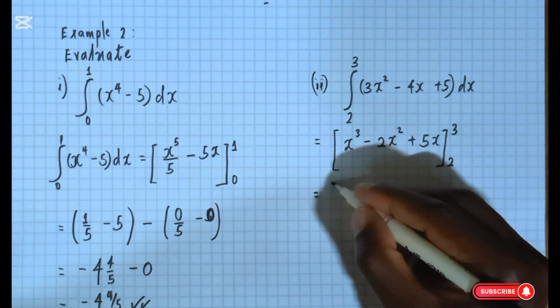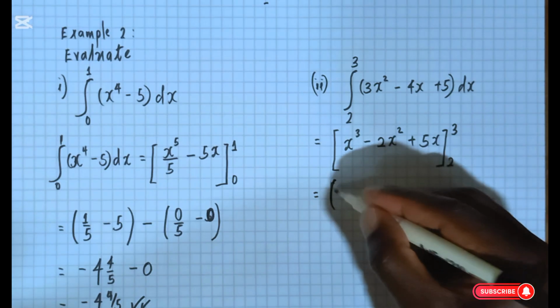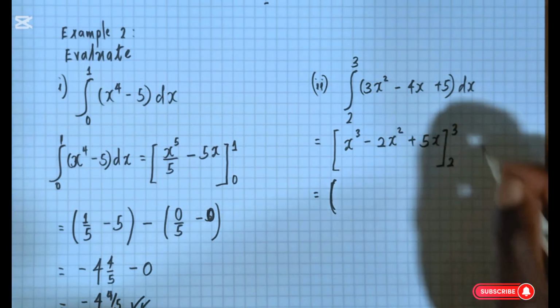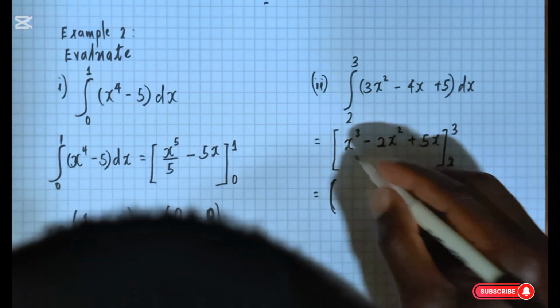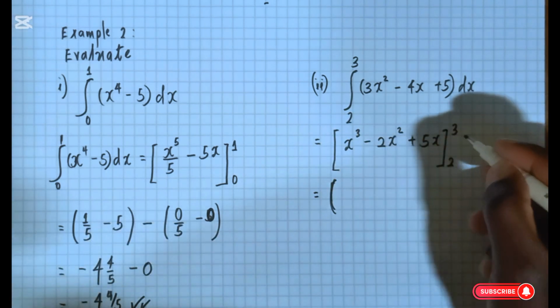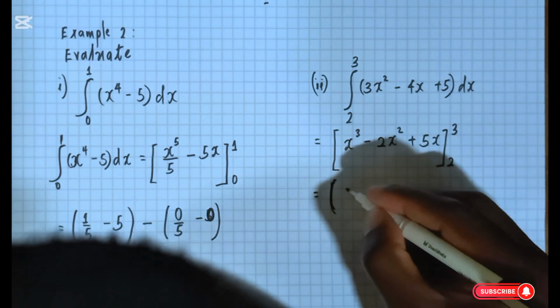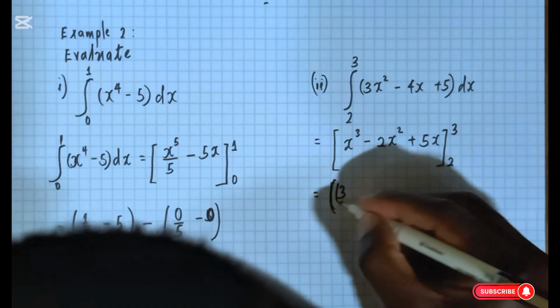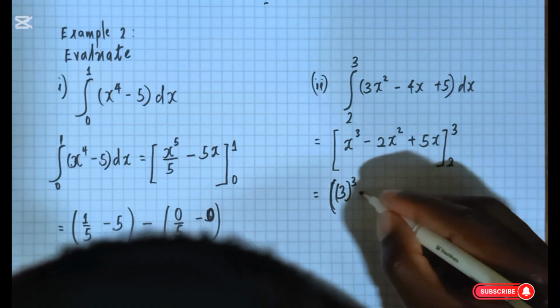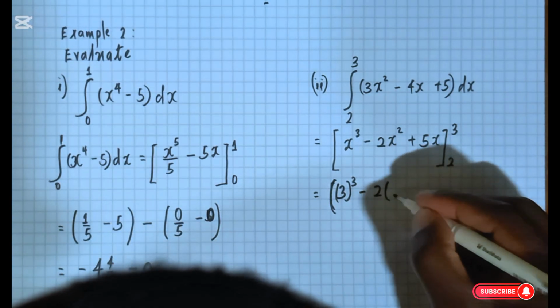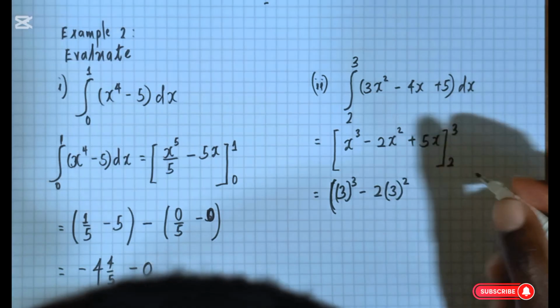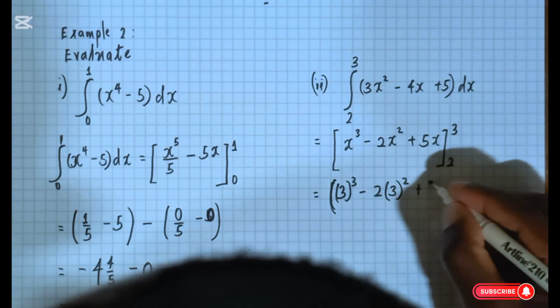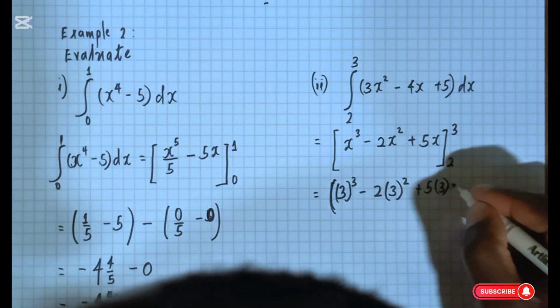So basically that's going to let us have an open bracket, a parenthesis. So that's going to give us x cubed, and for the value of x here we are using 3 in the upper limit, so that's going to be 3 raised to 3, minus 2 into 3 squared, plus 5 into 3.